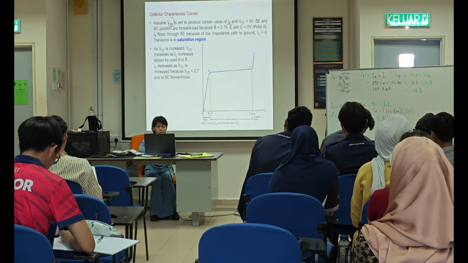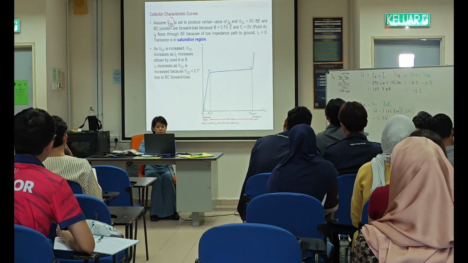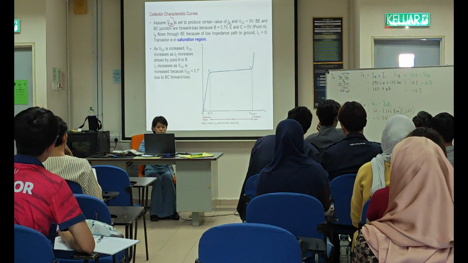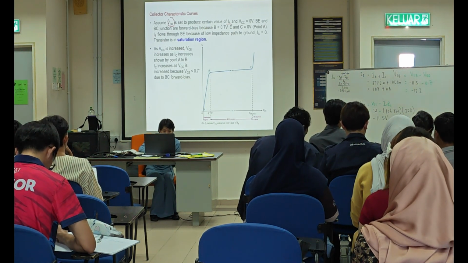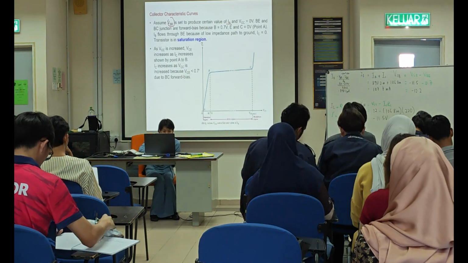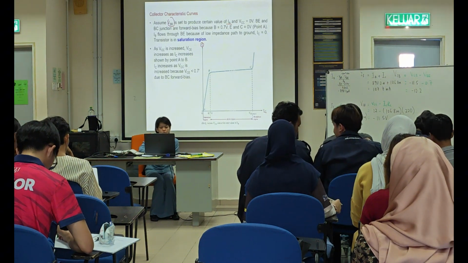This one we fix a value first. IB we fix a value, then the IC will be equal to 0. The y-axis is the current IC, and the x-axis is the VCE voltage.